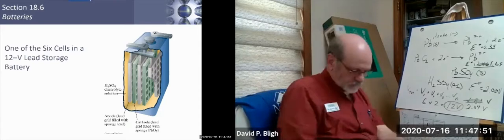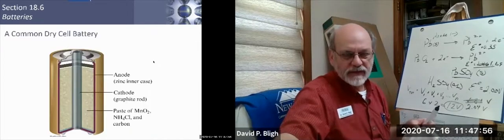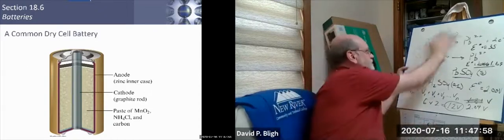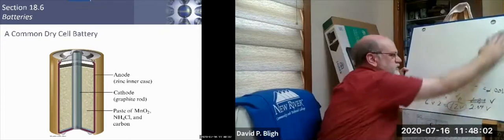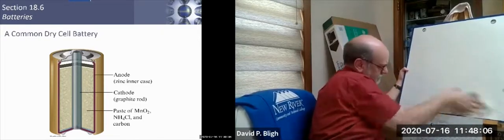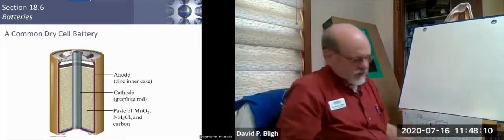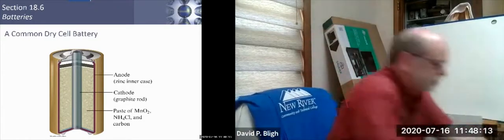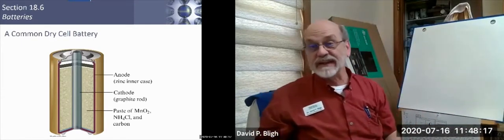Okay, so I spent enough time on that. Let's look at a dry cell. This is just for illustration purposes. It's not something that you have to memorize. So this is called a dry cell simply because it doesn't have a spillable liquid in it.